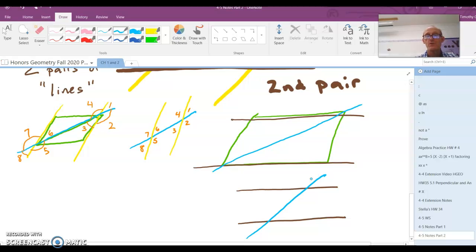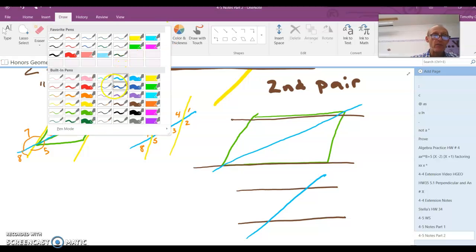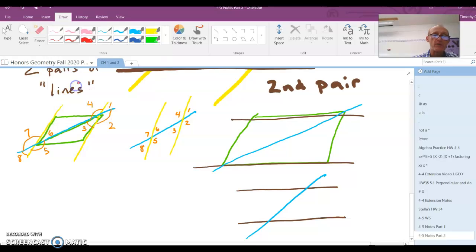Again, we have the 8 angles there, so be aware of those. We have our 1, 2, 3, 4, 5, 6, 7, 8.